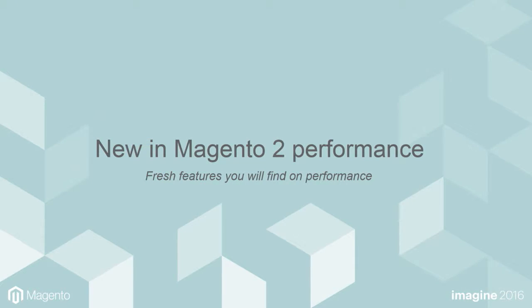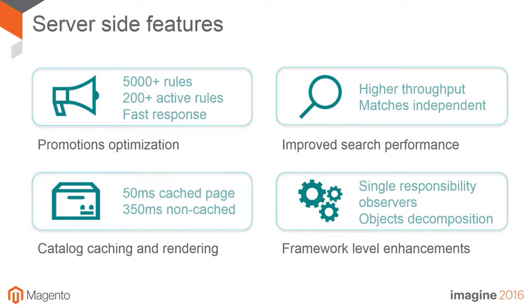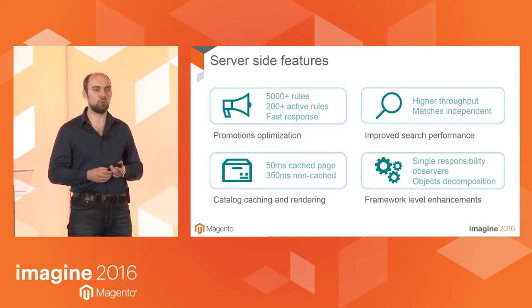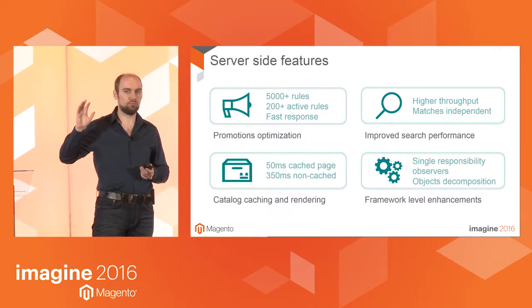Let's start with server-side features and improvements that were added to Magento 2 since the last Imagine, and will be available pretty soon in the upcoming 2.1 release. First of all is promotions optimization. Please raise your hand if you actively work with cart promotions in Magento. Okay, lots of people. Those of you who raised your hands may know that Magento 1 demonstrates its maximum efficiency with a not very high number of cart promotion rules.